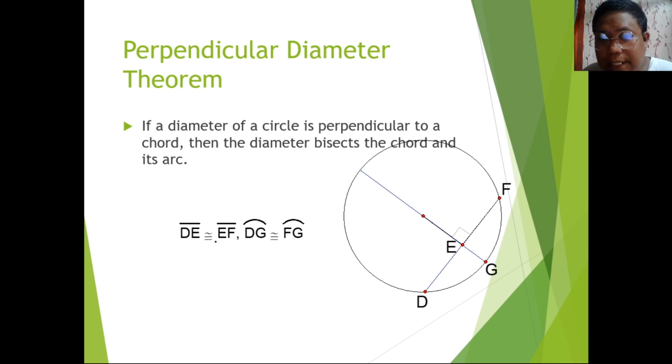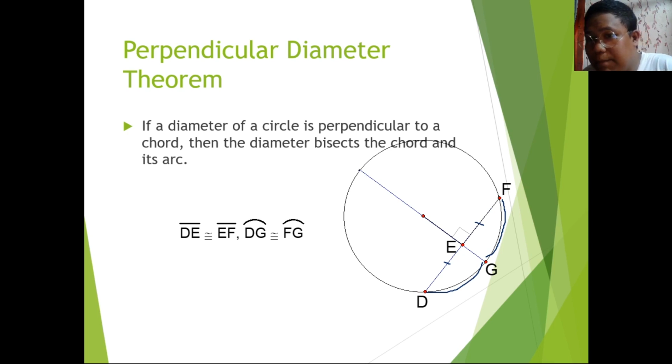When the two segments are congruent, their arcs are also congruent: arcs DG and FG. Again, if the segments are congruent, of course their intercepted arcs are also congruent. This is segment DE, this is segment EF, and together they form a chord.